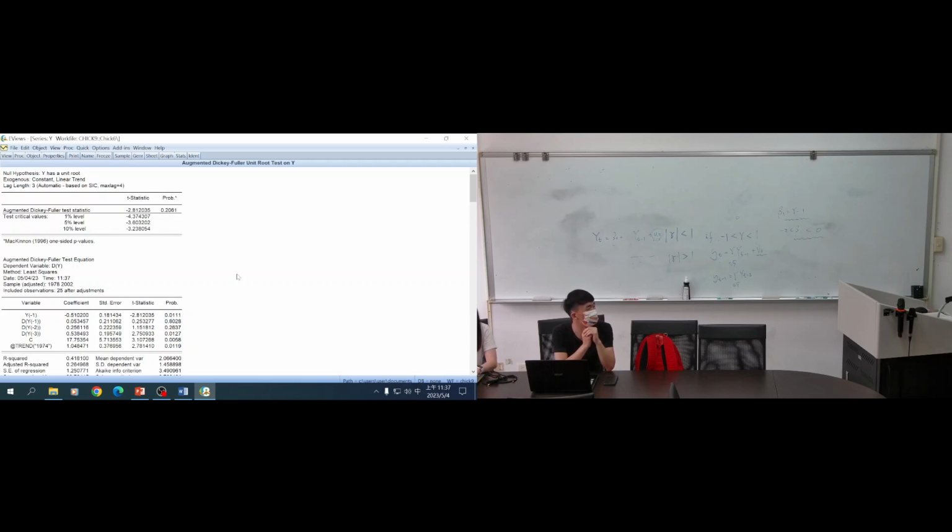Since this is the 29 version, it's more strict than 28. So if I go back to none, meaning I don't have intercept and I don't have trend, let's see that.